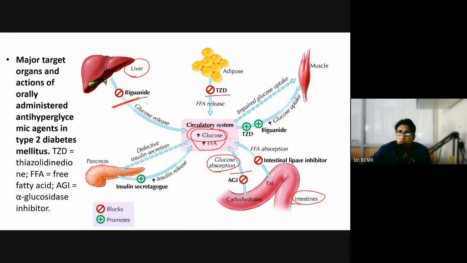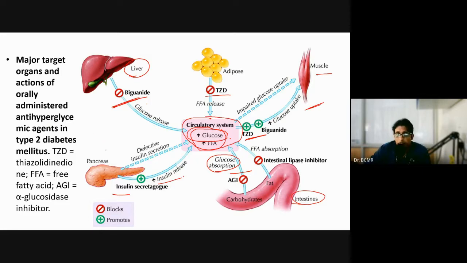And we can try to increase the glucose uptake by the muscle cells, and also increase the insulin release. So the target is somehow to reduce the blood glucose, either by reducing its release into the blood, or increasing the uptake by other tissues.